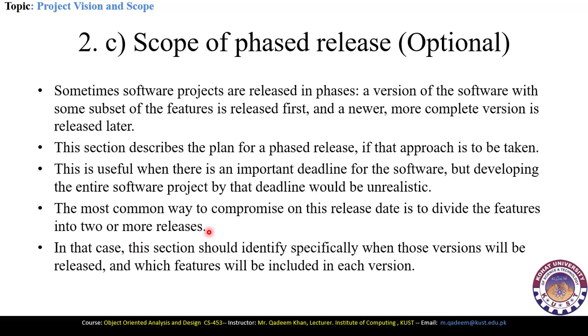In this case, this section should specify when those versions will be released and which features will be included in each version. So here we will define different versions of the software system, and each version contains a list of features, and the list of features should be not more than 10.